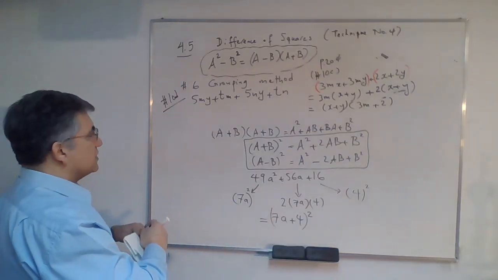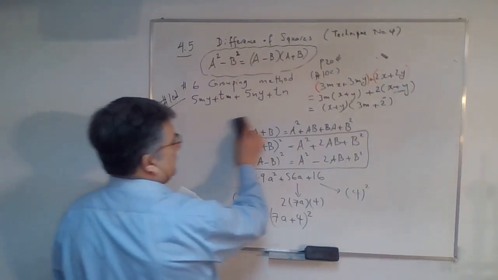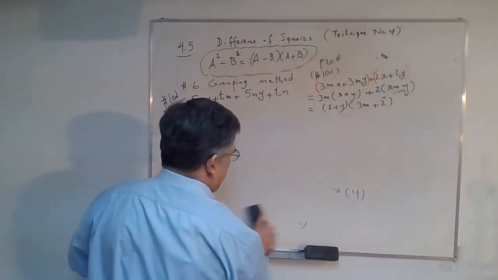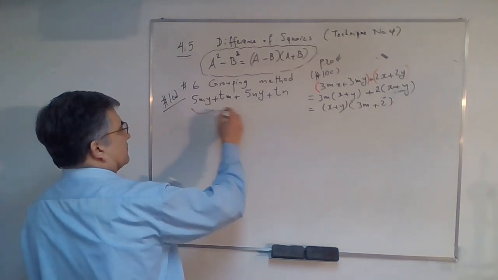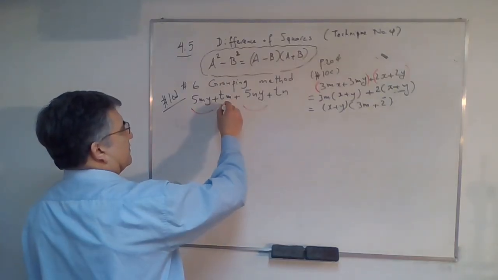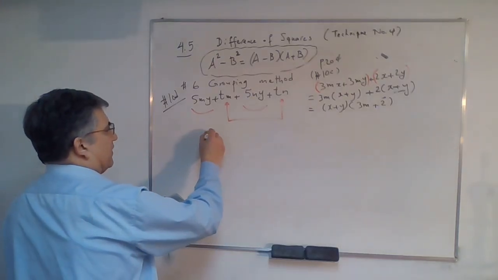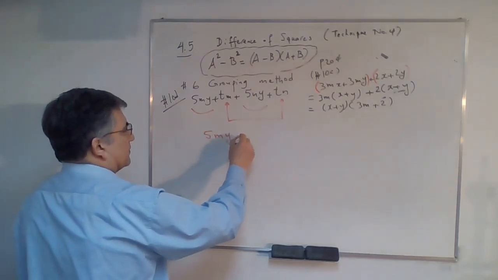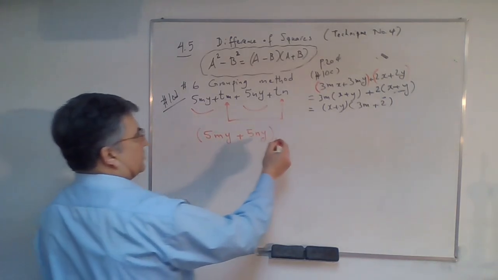Now, how would you do this one? At this time, let me erase this part of the board. This time, I'm going to group the first term with the third term and the second with the fourth term. So basically, I'm going to write 5my plus 5ny together. Okay, I group them.